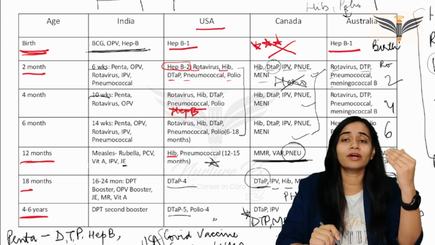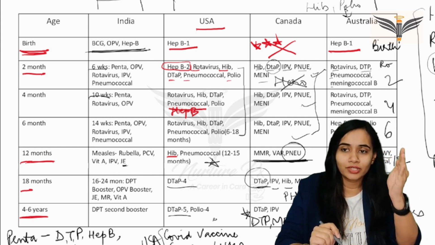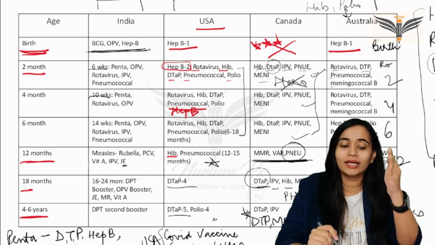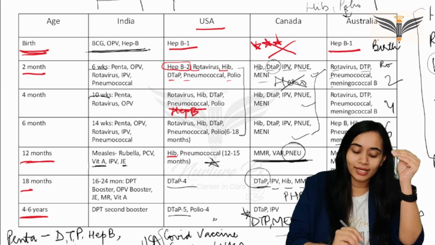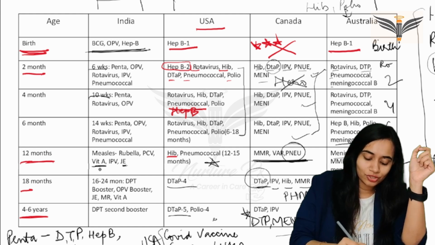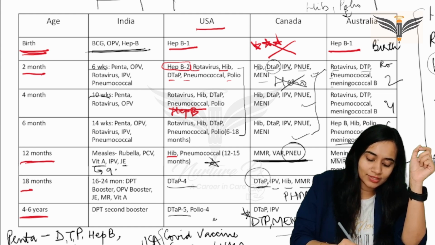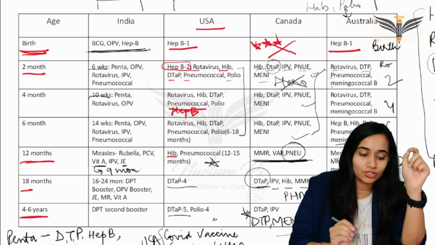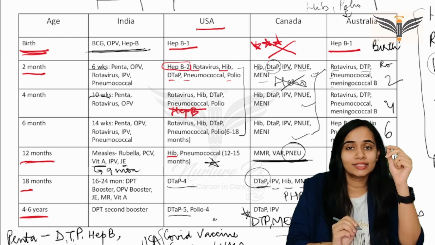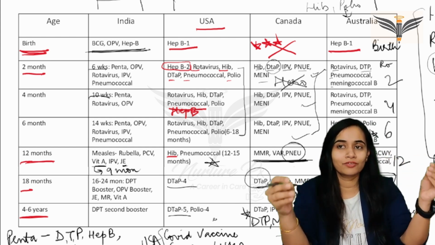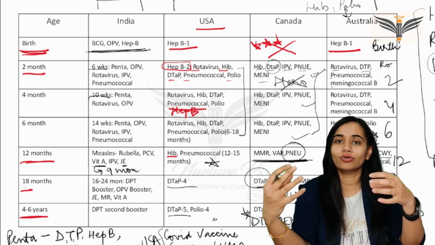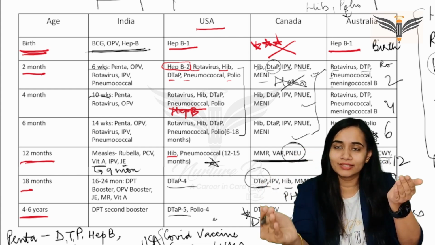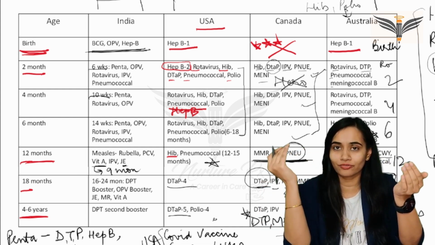Now, how do you give vitamin A? So the first dose of vitamin A is given at, see here we have written vitamin A with 12 months. Okay, so the actual timing when it is given is 9 months. So the first dose is given at 9 months. The second dose is given anywhere between 16 to 24 months, and this is followed by one dose every 6 months up to 5 years of age.